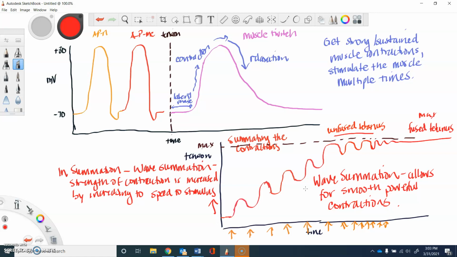If we need for the muscle itself to generate more power, then what would we need to do? Well, probably we need to have more motor units employed so we can recruit more muscle units to add to the power of that contraction.